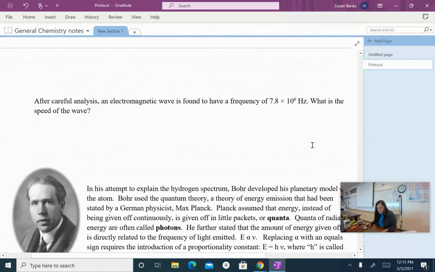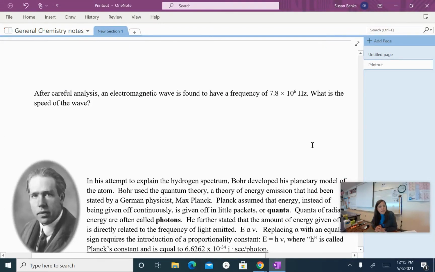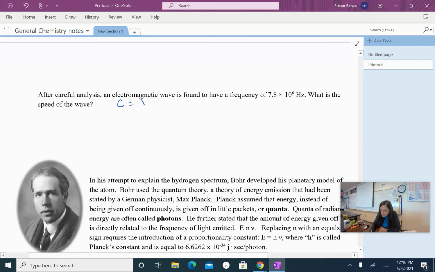Okay, so let's do another practice problem. After careful analysis, an electromagnetic wave is found to have a frequency of 7.8 times 10 to the 6 hertz. What is the speed of the wave? Okay, so remember, the speed is equal to frequency times the wavelength. And remember, the speed of all of these is the speed of light.